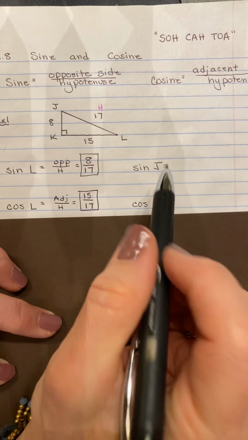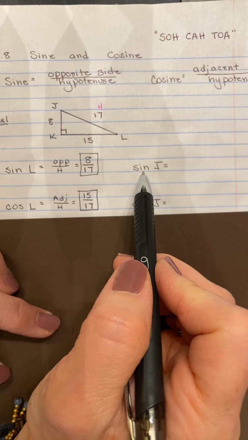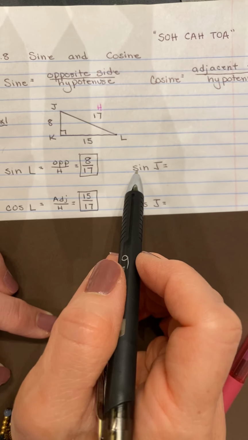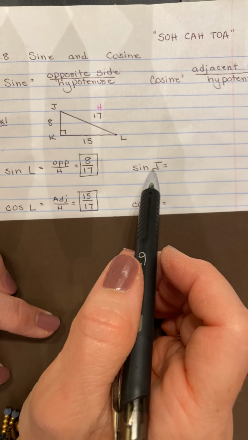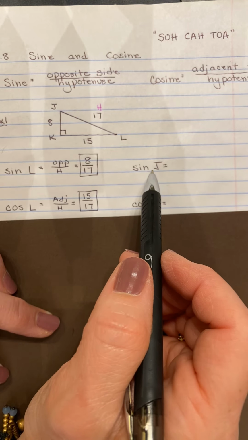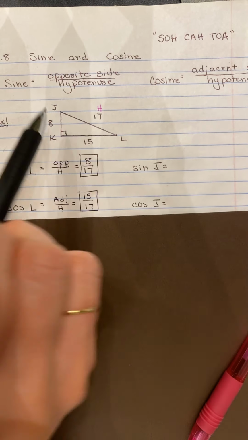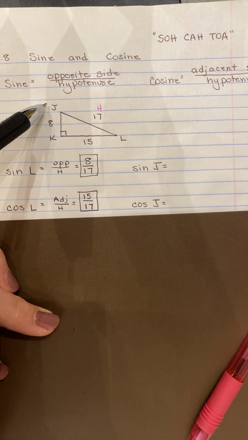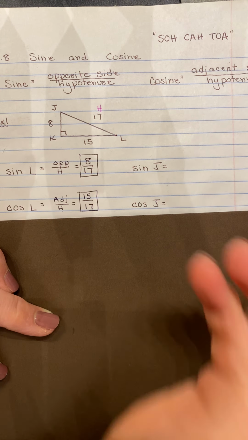Now let's go to angle J, and we want to find the sine of J. So you say in your mind, SOH, opposite over hypotenuse. Here you are at J. Opposite would be, did you get that? 15 over 17?